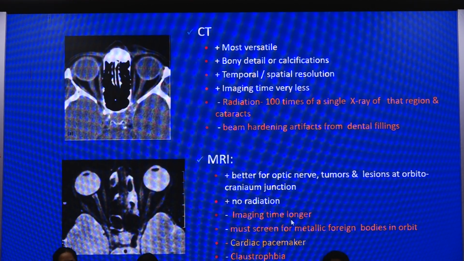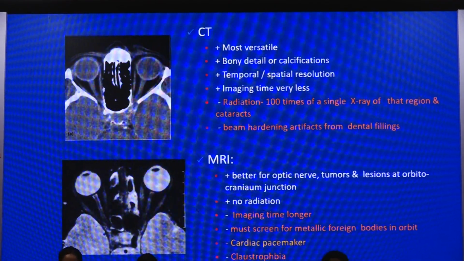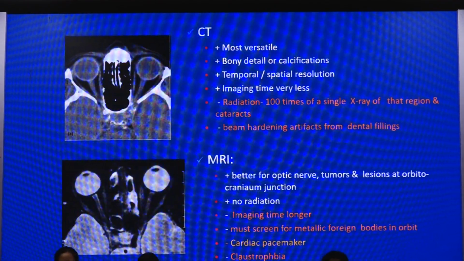Imaging time is longer, and you must definitely screen for a metallic foreign body. If a patient comes to you with a foreign body and there is an immediate history, never go for an MRI if it is a metallic foreign body, because if it is in the orbit it can dislodge, and if it is in the brain, it can definitely do much more harm than the imaging is worth. The same applies to the cardiac pacemaker and other foreign bodies.